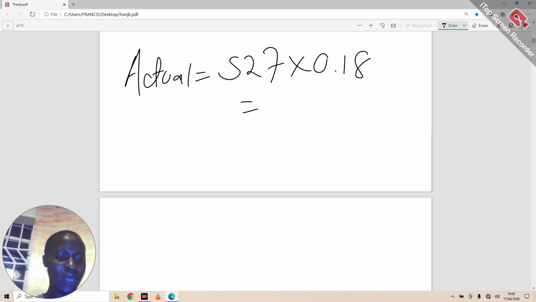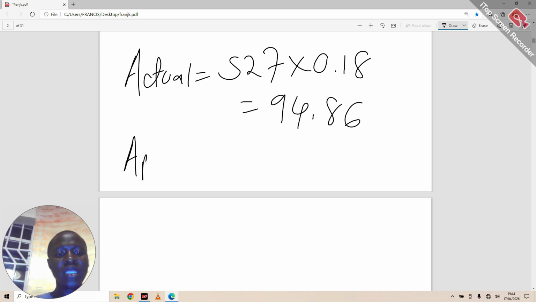And remember, you must first of all come back to normal. So 527 times 0.18. In a calculator, I'm getting 94.86. How about the approximated value?